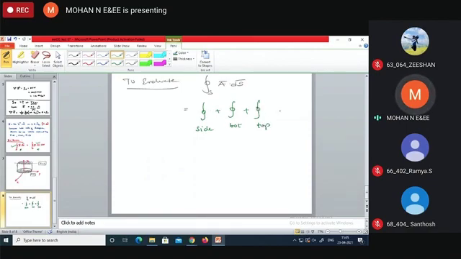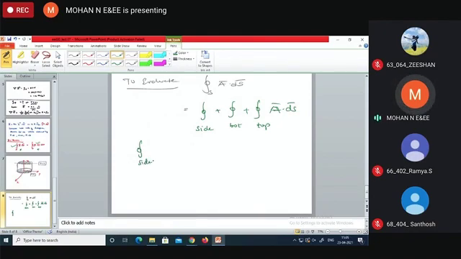That has to be evaluated for the whole surface area, that is A vector into ds vector. Let us evaluate first the side surface.